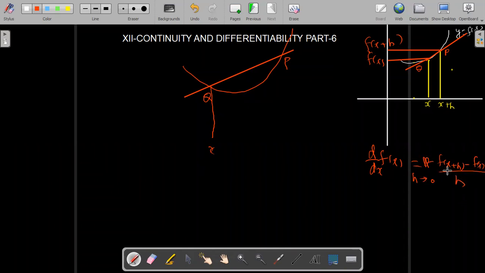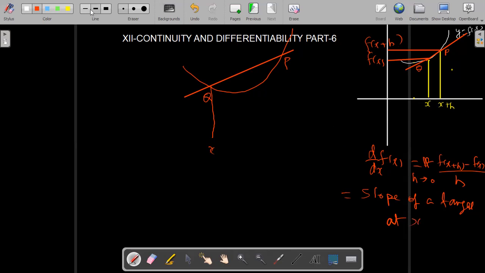In 11th also we have seen this. This is the derivative, and geometrically, the derivative of a function is the slope of a tangent at a point. We are taking it at x. If it is some other point, we can take c or c plus h.